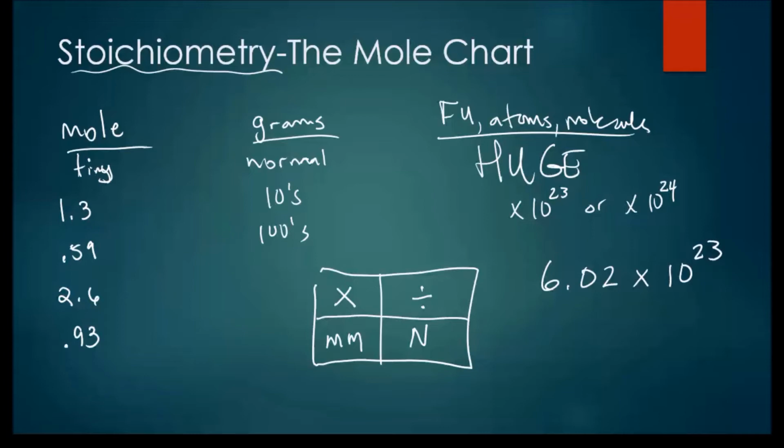Take out your calculators. Let's talk about exponents and how to punch them into your calculator. Okay? Let us punch this into our calculator. Follow me. 6.02. Put 6.02 on your calculators.